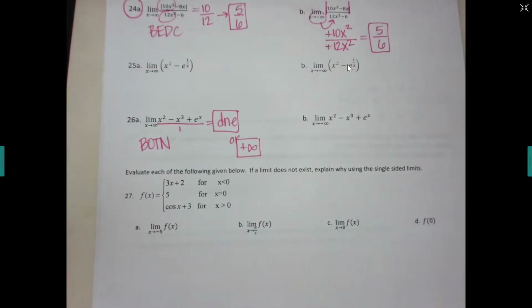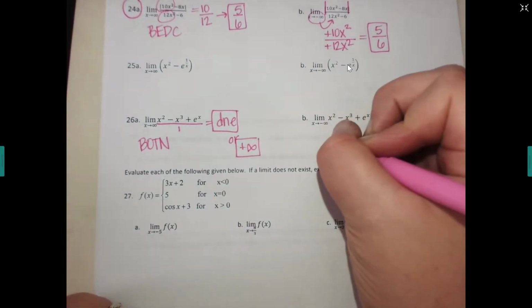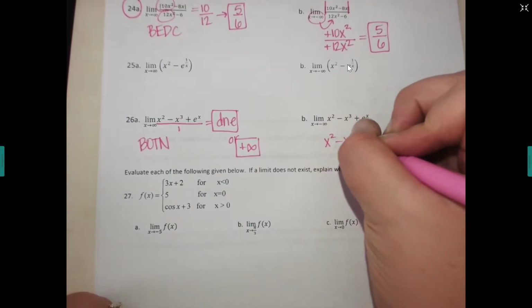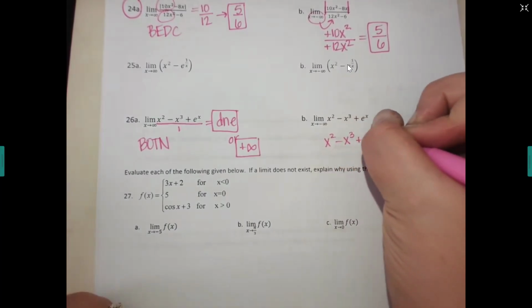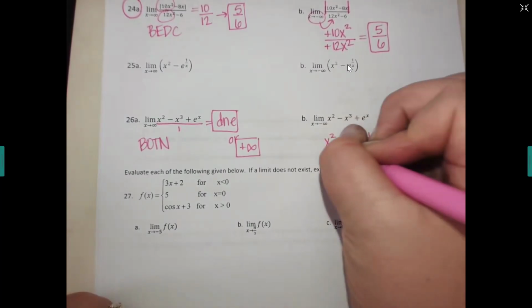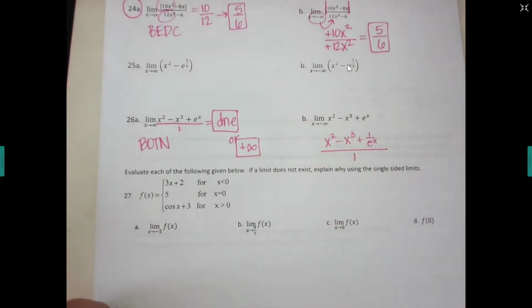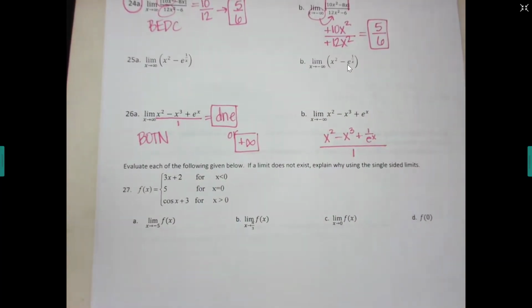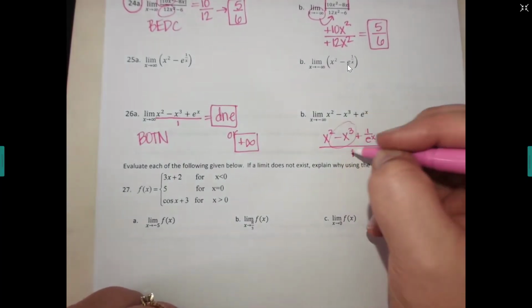Now let's check negative infinity. Which term is going to get weird? E to the x. So now the top of this is x squared minus x3 plus 1 over e to the x. All of that is versus just a regular 1 on the bottom. Now, e to the x doesn't win for the top. Who is the next biggest thing? x3 versus a 1.